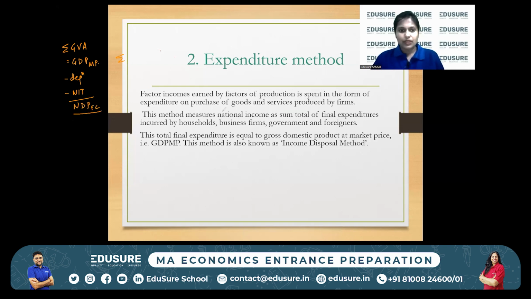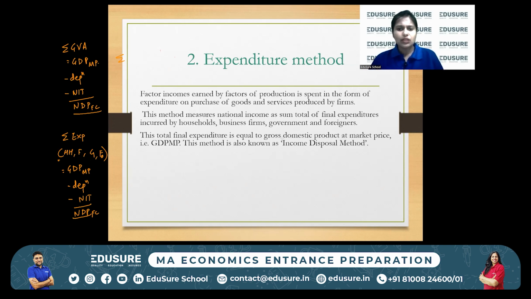Similarly, in the expenditure method, when you add the expenditure which is made by these different sectors, which are households, firms, government, and the export sector or the foreign sector, the sum of all these expenses also adds up to GDP at MP. So again, to get to NDP at FC, you will have to subtract depreciation, you'll have to subtract net indirect taxes.